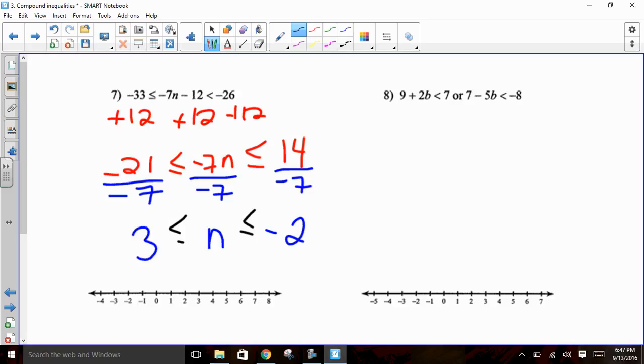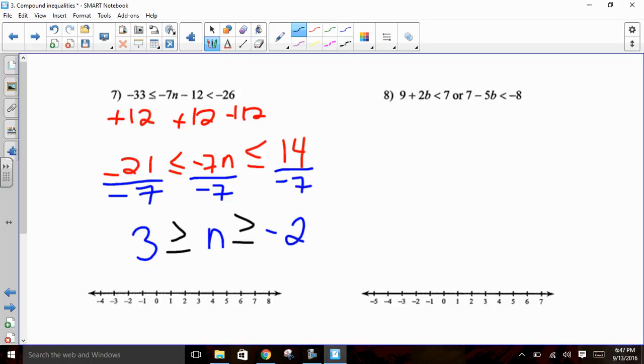Hopefully, you are all saying, no, that doesn't make sense. 3 is bigger than negative 2. So I need to make sure I flip my signs so everything makes sense. Now I see correctly that 3 is larger than negative 2. We're all good in the hood.